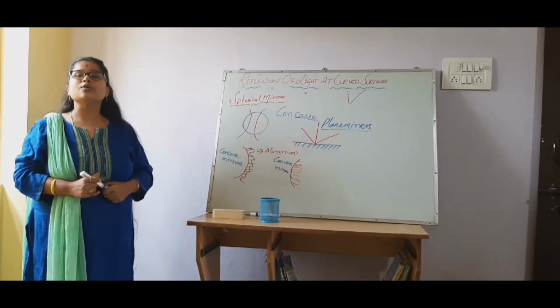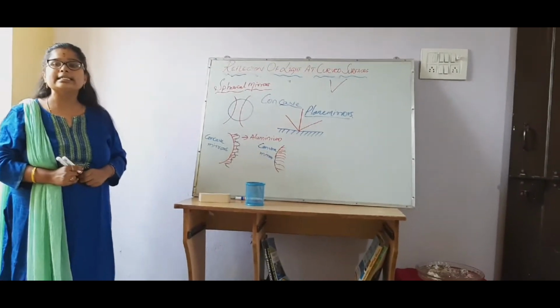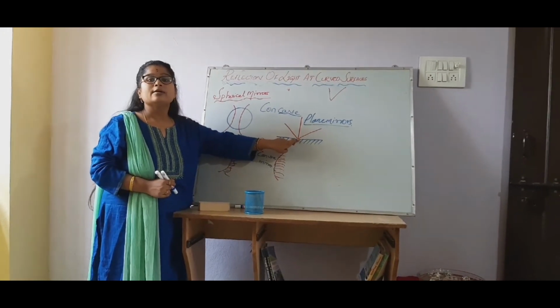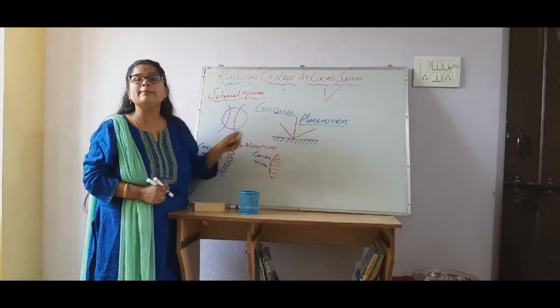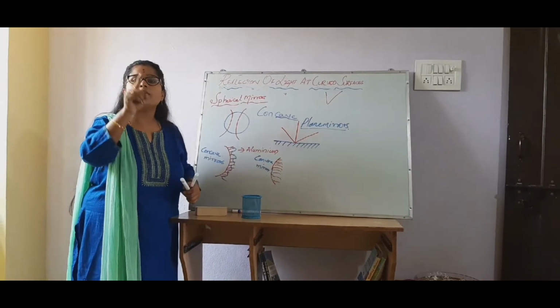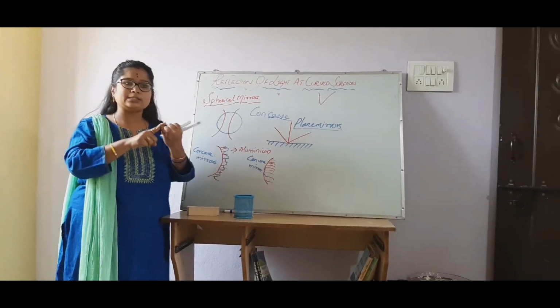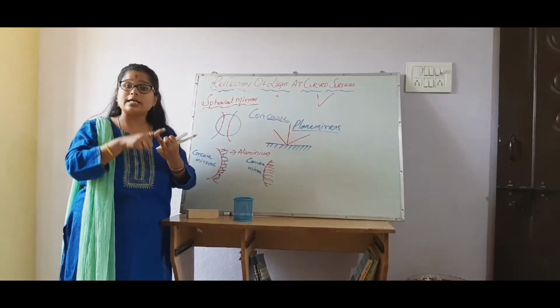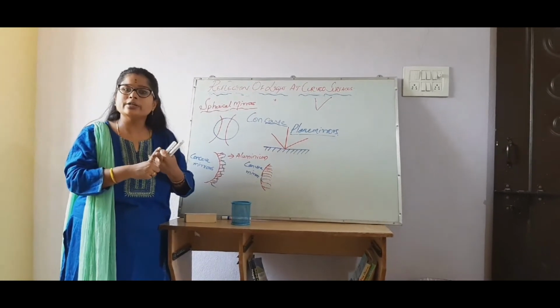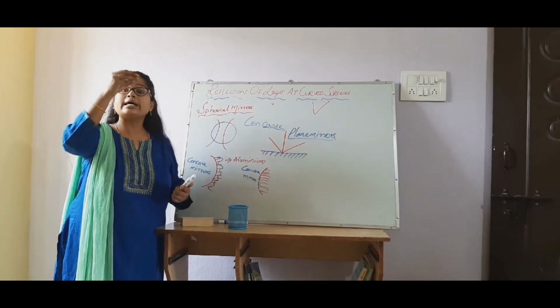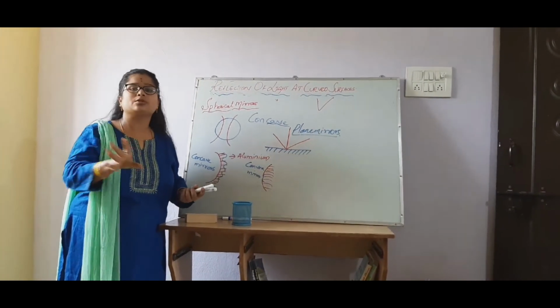So when a source of light is incident towards the mirror, what do you mean by source of light? Source of light can be anything such as a bulb, sun, torch, candle, from wherever you get the light. From wherever you get the light, that is called a source.